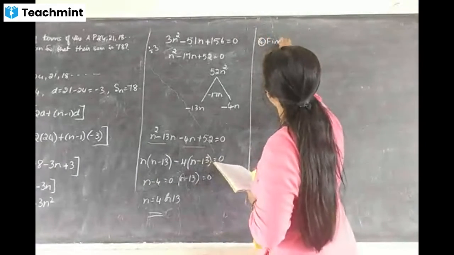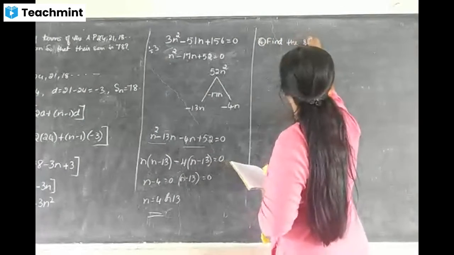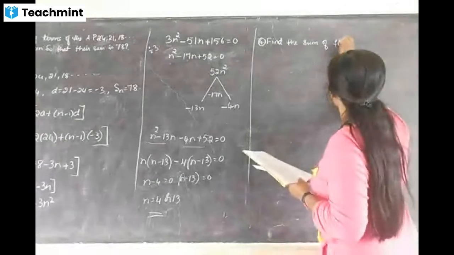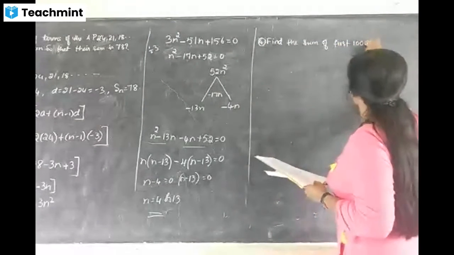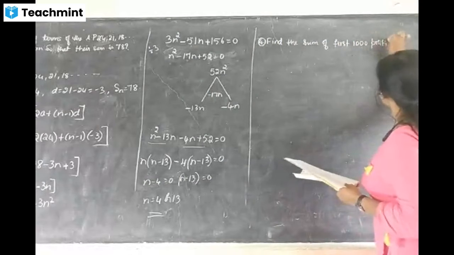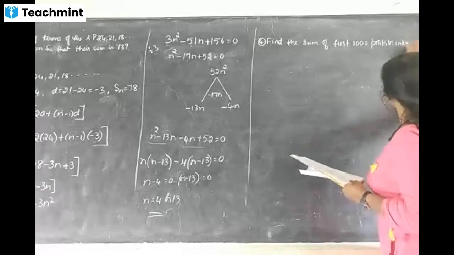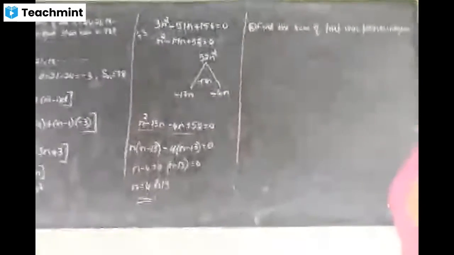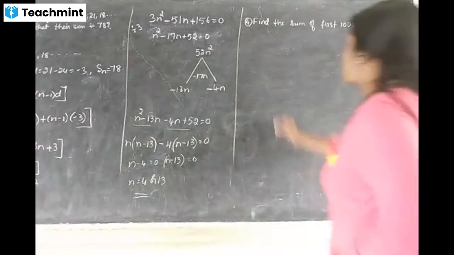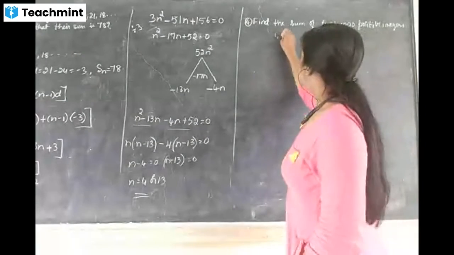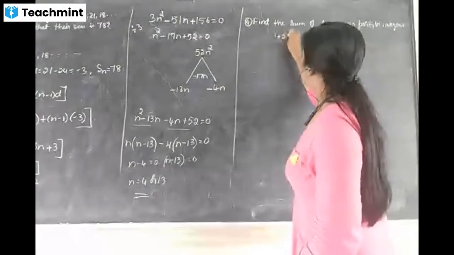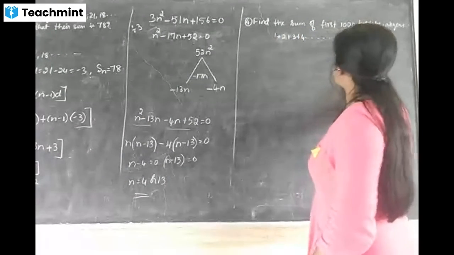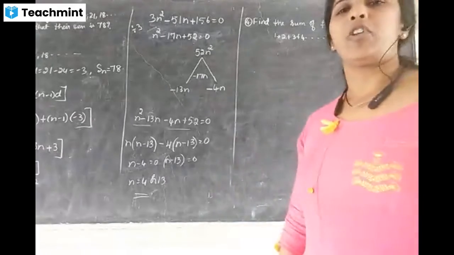Find the sum of the first 1000 positive integers. 1000 positive integers, right? 1, 2, 3, 4, and so on till 1000 we have to do.